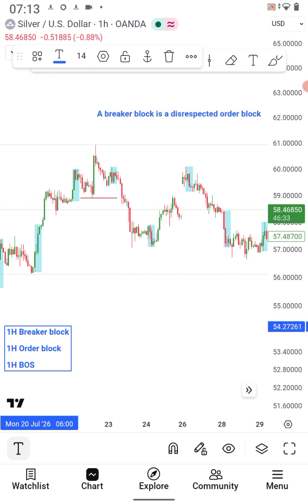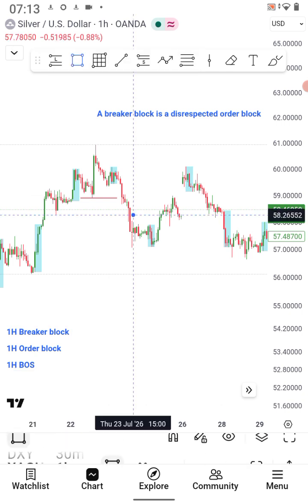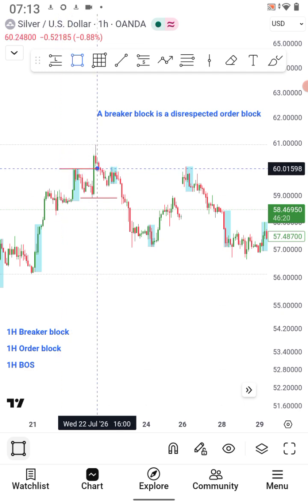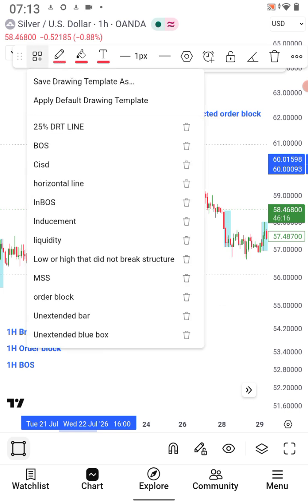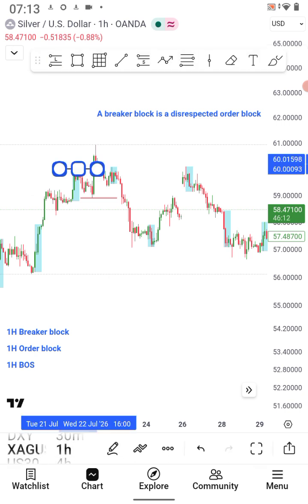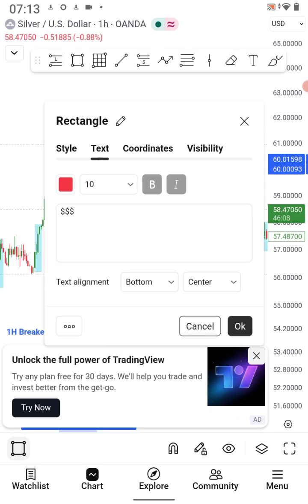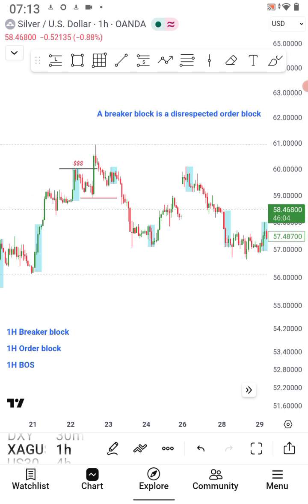Mark it. What you will need to mark, for this breaker block, is the point where liquidity was swept. So I'll mark this point. Liquidity. Are you seeing it now? Let me align it well so that you see it properly. So I want to see what liquidity did.